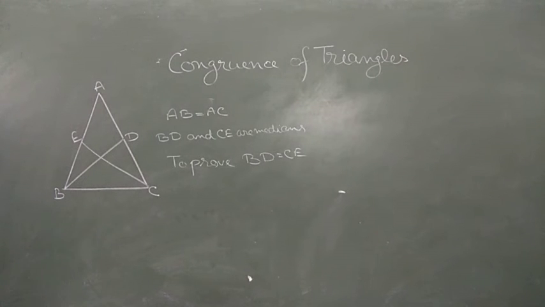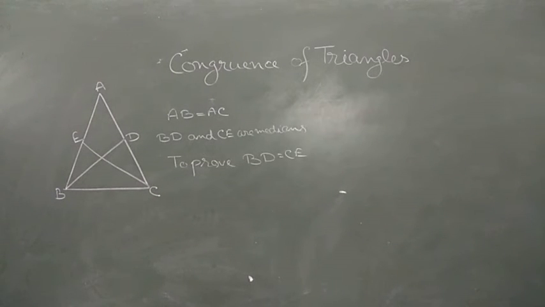In this question it is given that side AB equals AC of triangle ABC and BD and CE are medians. What does it mean? It means if CE is the median, then AE equals BE, and if BD is the median, then AD equals DC. Let's check.